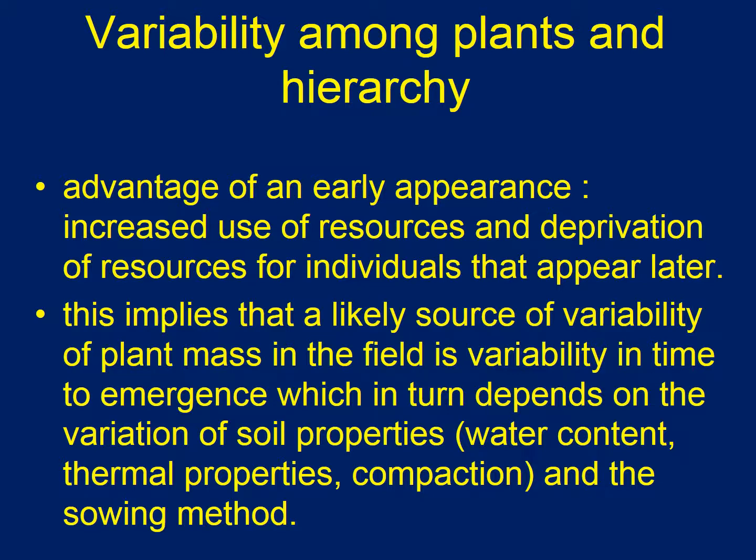This implies that the likely source of variability of plant mass in the field is variability in time to emergence, which in turn depends on the variation of soil properties, like water content, thermal properties, compaction, or the existence of insects or diseases in the soil, and also on the sowing method.